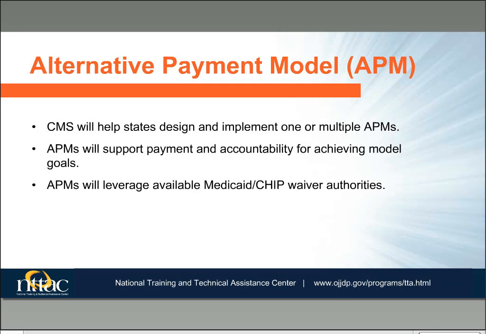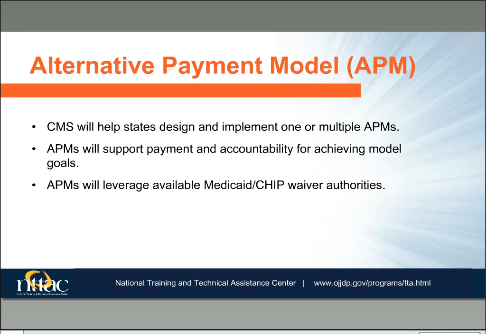One of the other pieces that we've talked about in terms of pushing for sustainability is to think about different ways to pay for services. The alternative payment model piece of this is focused around payment approaches intended to add some incentives to deliver higher quality and cost-efficient care. States will work with CMS and their lead organization to design and implement one or more child-focused alternative payment model approaches.